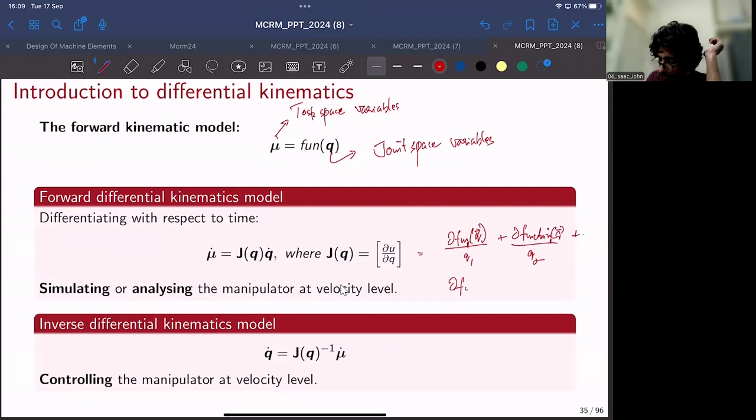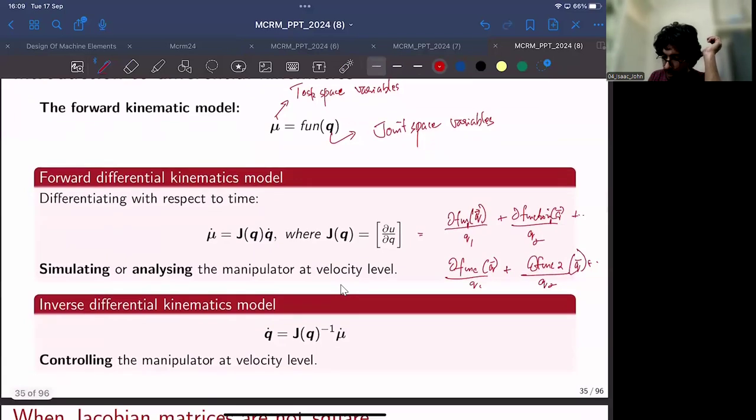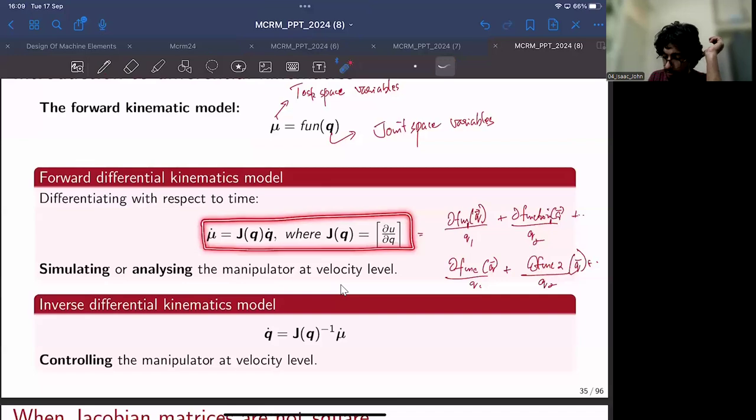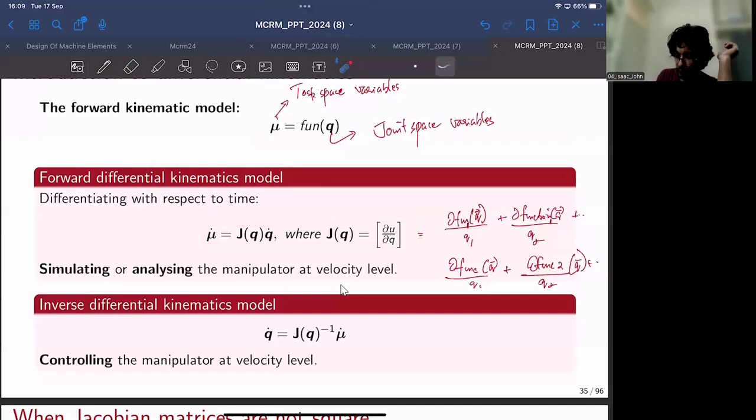Then the second line would be the partial derivative of the second element of the function with respect to Q1, plus the partial derivative of the second element with respect to Q2, and so on. This is the forward differential kinematics model, where if you have the Jacobian and you know the velocities of the input joints, the velocities of the task space are given by this relation.